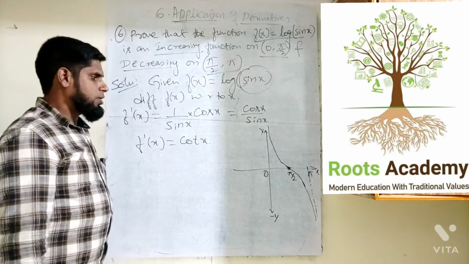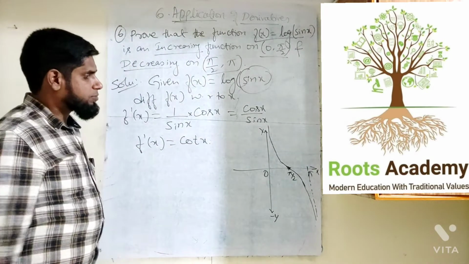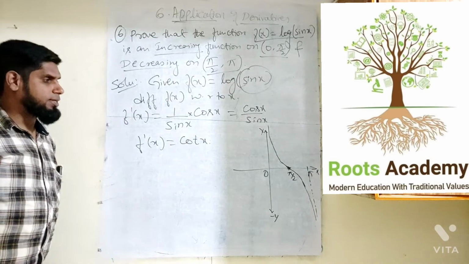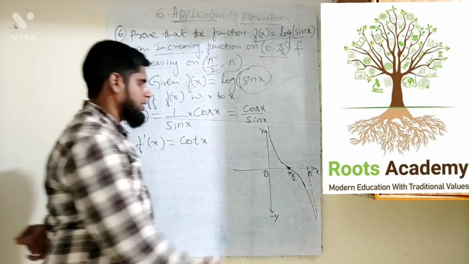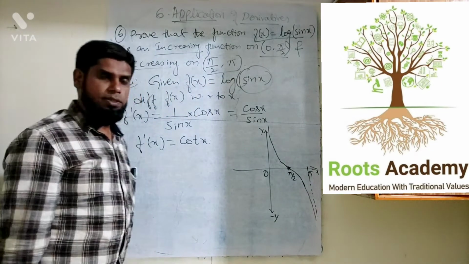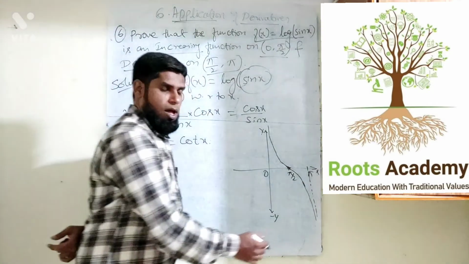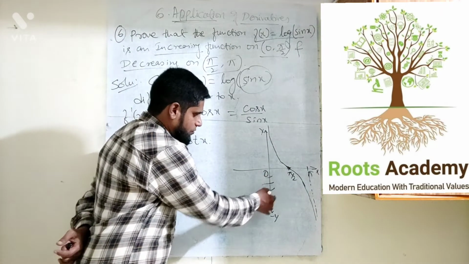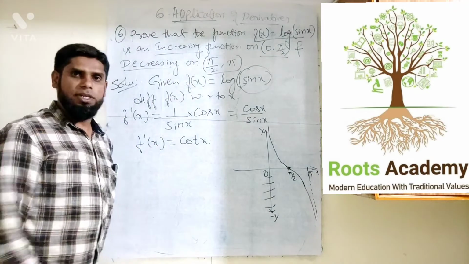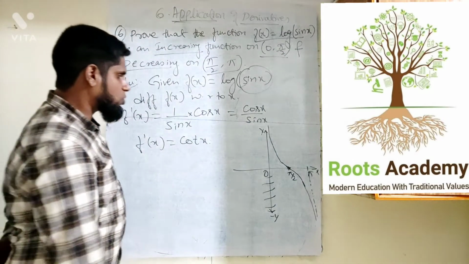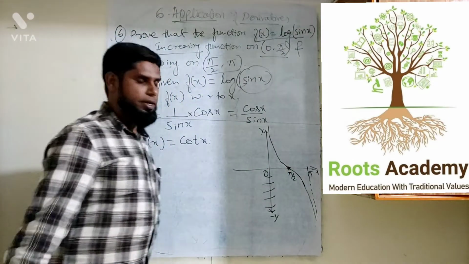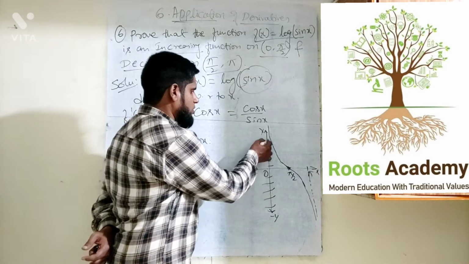So student, it is very clear that in the second quadrant, all the values of y are negative. See? These are the negative values of y. And in the first quadrant, between 0 to 90, we are getting positive values of y.